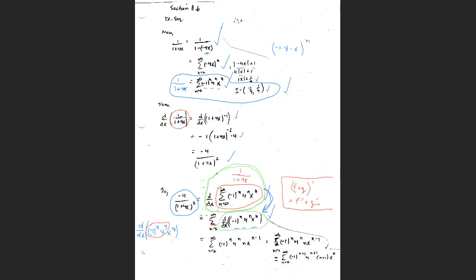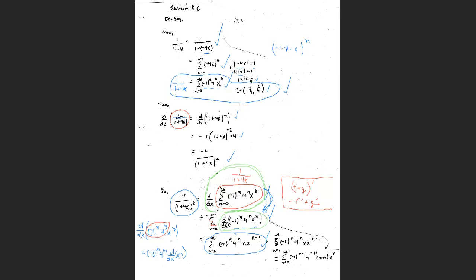Because negative 1 to the nth power and 4 to the nth power are not dependent on x. So I can just bring that constant out in front of the derivative. So I'm trying to justify this step here, this power series here.